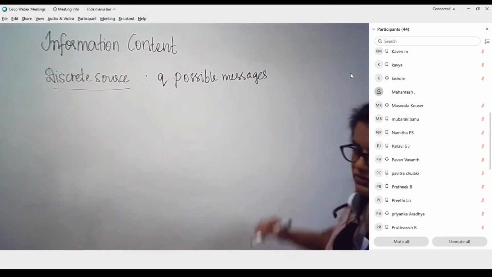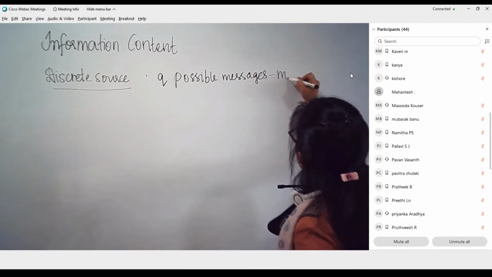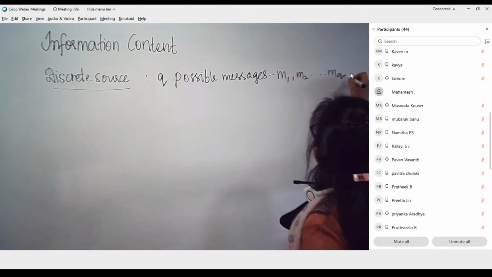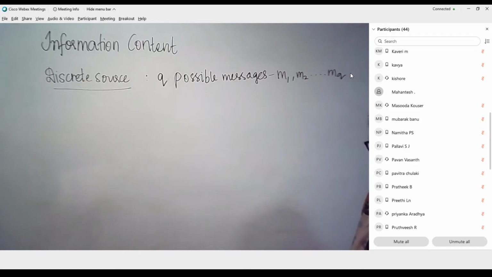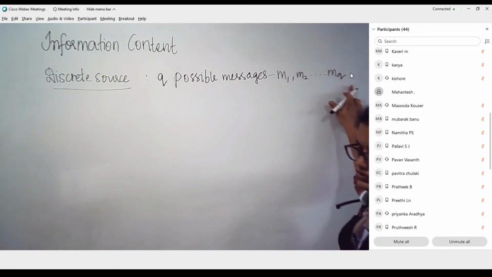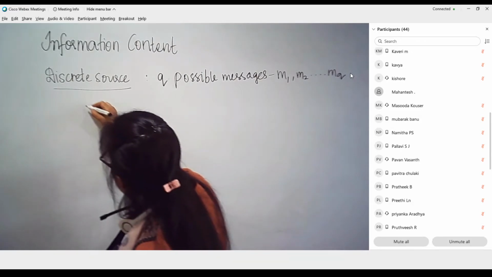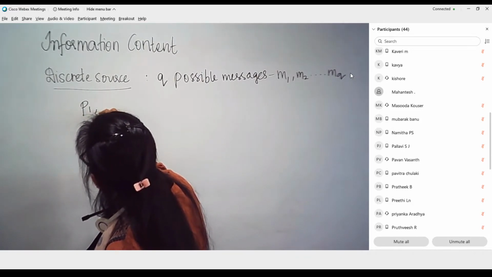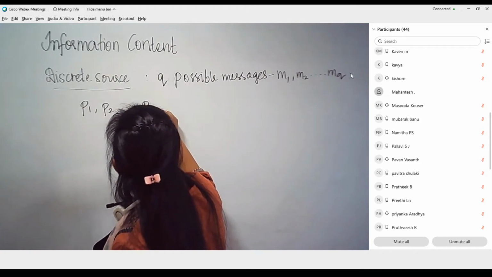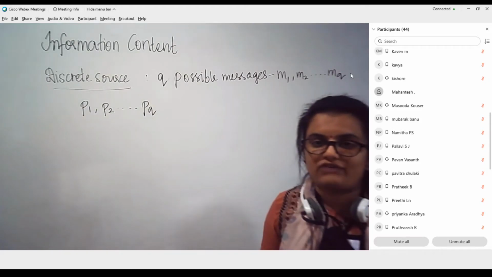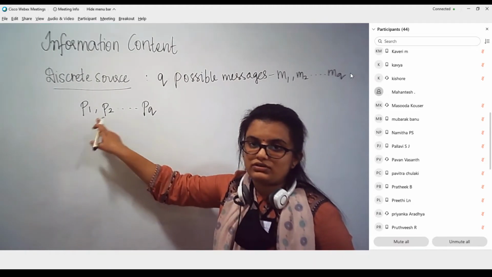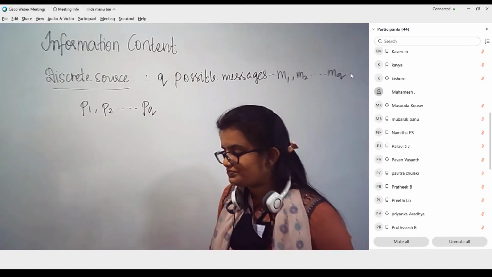I call them M1, M2, and so on up to Mq, the possible messages coming out of a discrete source. All these messages M1, M2, up to Mq will occur with probabilities p1, p2, up to pq. Each message has the probability of appearing with probability p1, p2, pq.